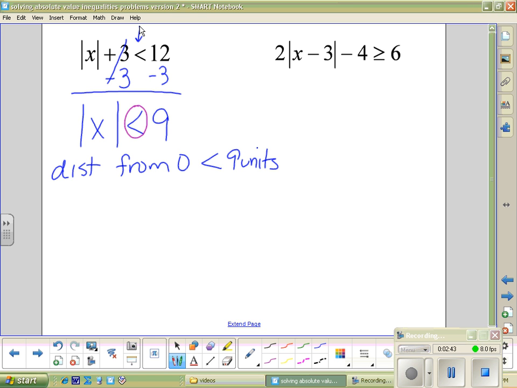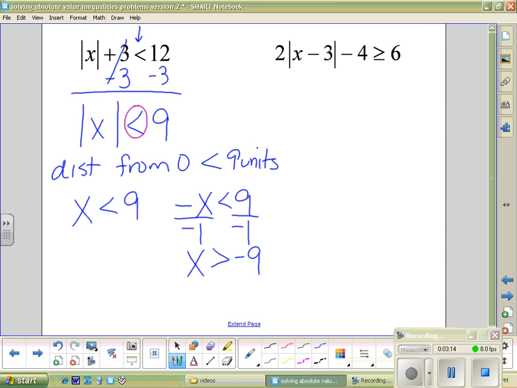So if we were to solve this algebraically, we go back to x is less than 9, and the opposite of x is less than 9. X is less than 9 is already finished. We have to divide by -1 here, and we get x, flip-flop, is greater than -9. Okay, algebraically, that's how you solve it.